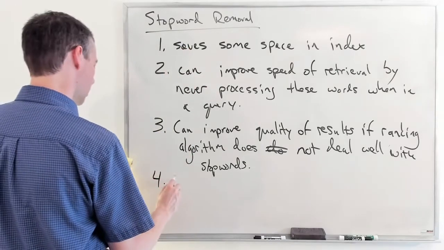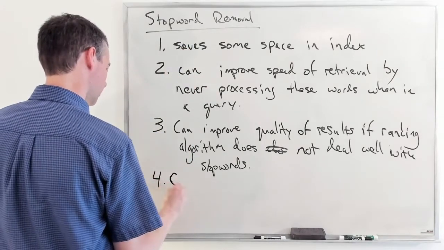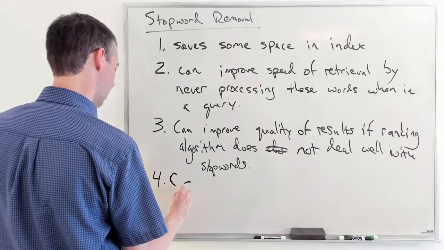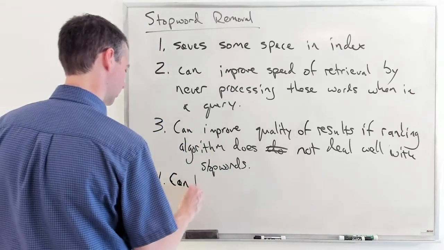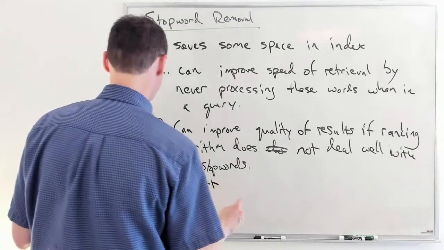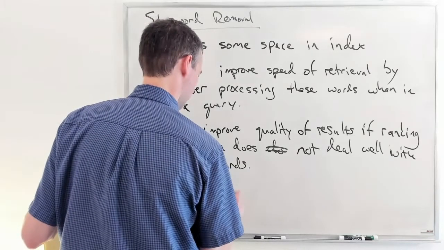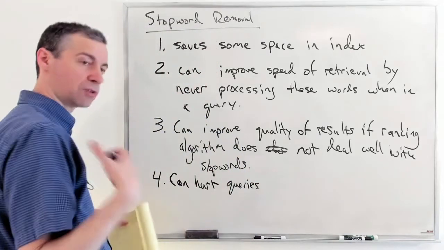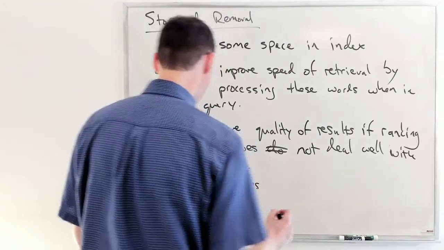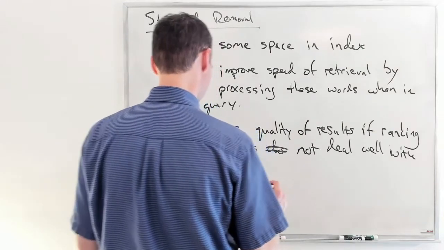Now these are all actually advantages. So here's a disadvantage for stop word removal: it can hurt queries, which is really, when we say it can hurt queries, it's going to hurt the end user who's trying to find information to help them satisfy their information needs.